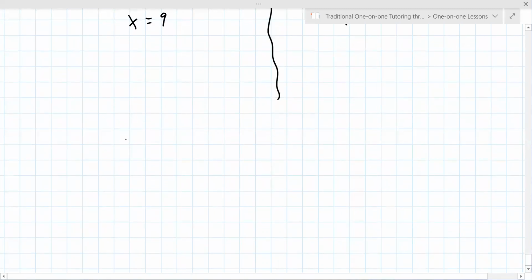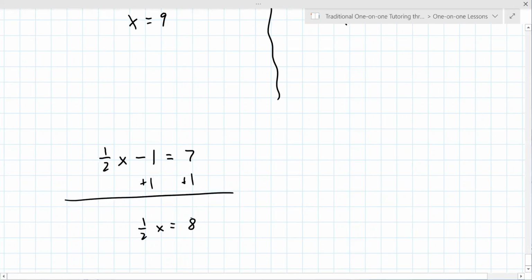I want to try one on my own and then see if I can get it. All right, so try that one, please. That is not divide, right? Well, let's add one first. Let's clear that out. So you get 1/2 x equals 8.